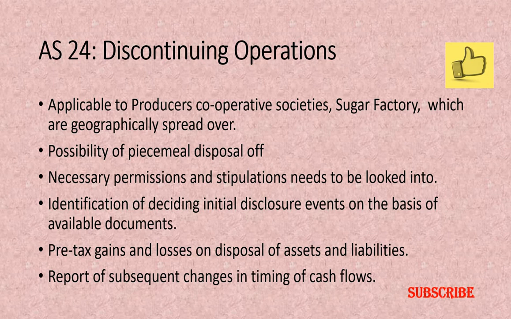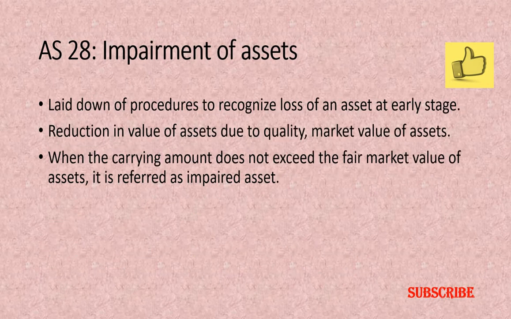Subsequent changes in the timing of cash flows need to be reported, with updated disclosures. Everything should be reported in the subsequent changes in the timing of the cash flows here.